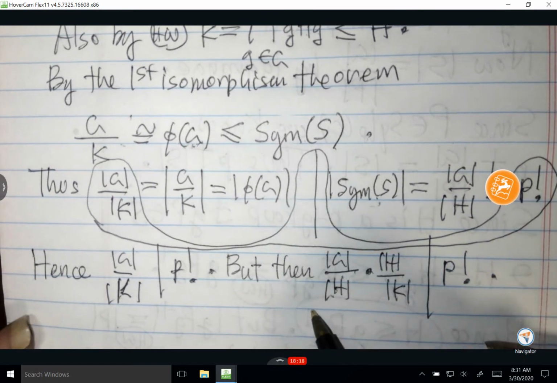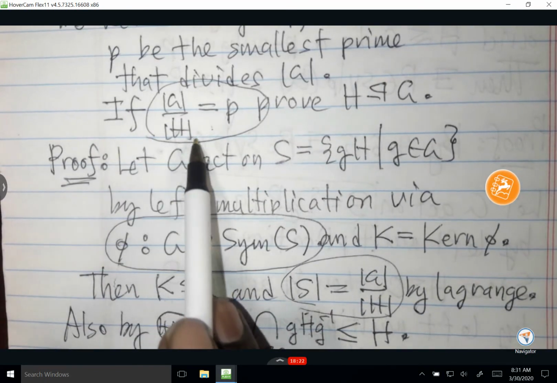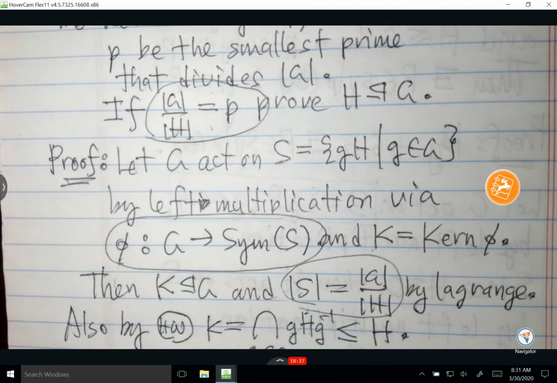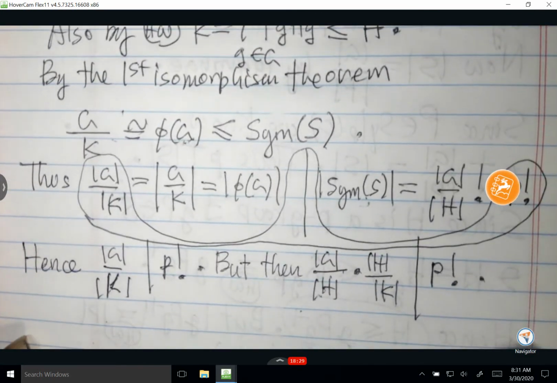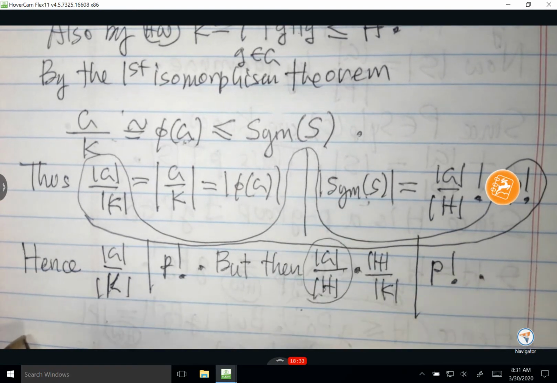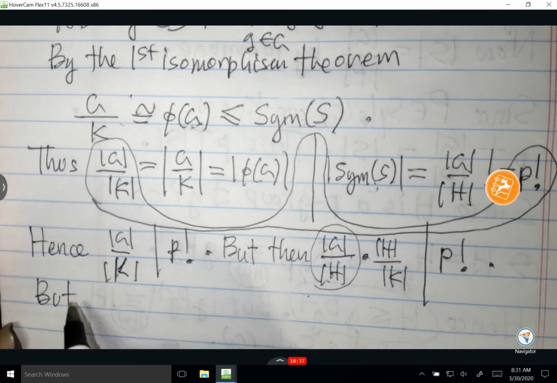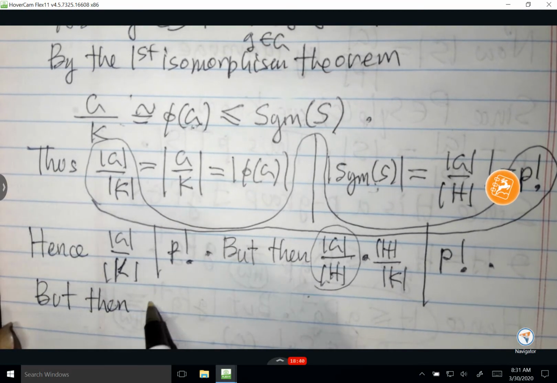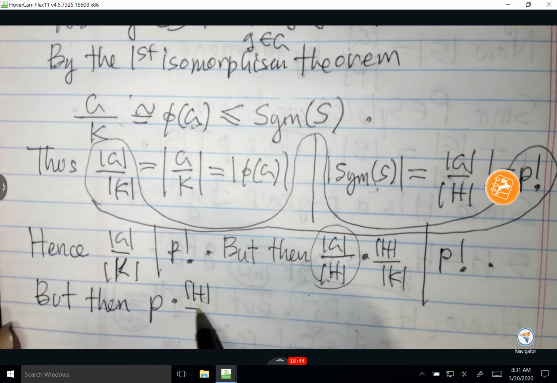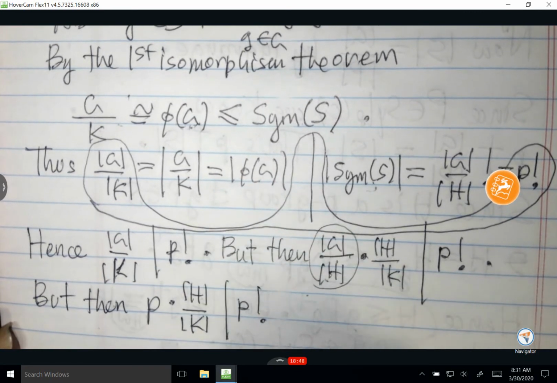But by the hypotheses, let's go back up and show you. One of these numbers is P, and it's this number right here. So you could say, but then P times the order of H over the order of K divides P factorial.